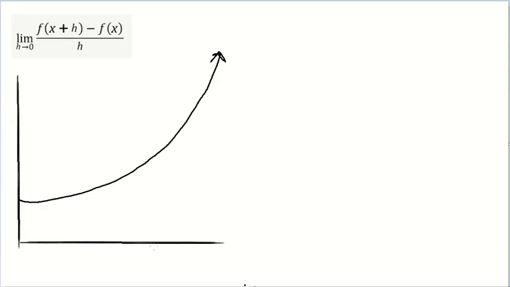So what I have drawn here are my x and y axes, and right here I've drawn for you some function. I'm going to call this function f of x. It is some function. Then I'm going to label this spot on the x-axis x. I don't know what number value that is, but for the purposes of this, I'm just going to call that some x value.